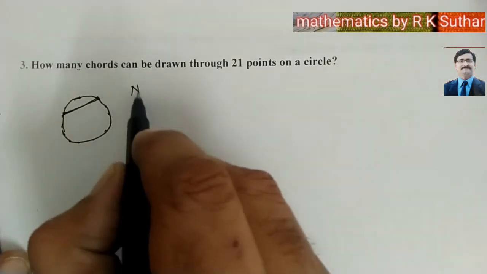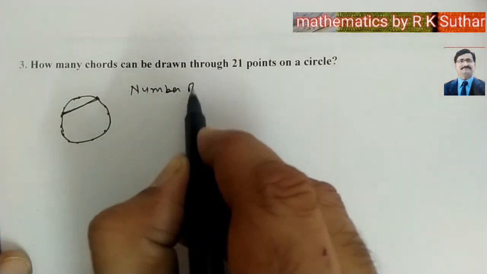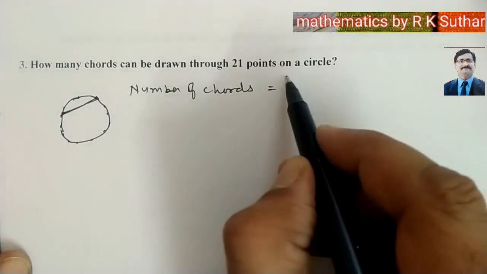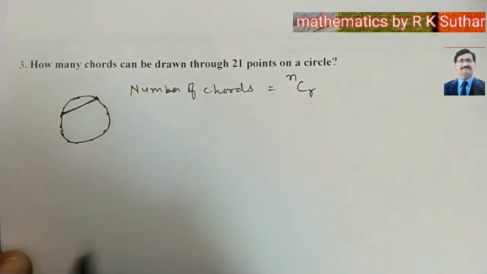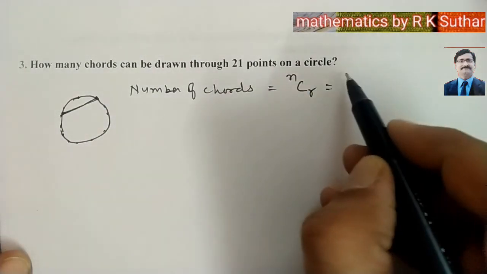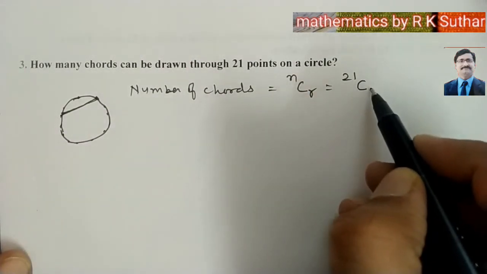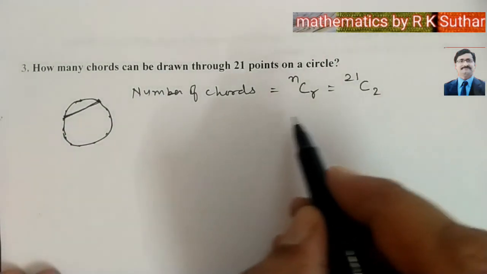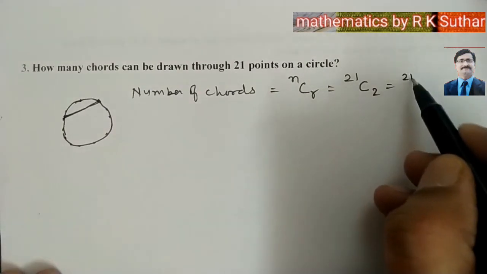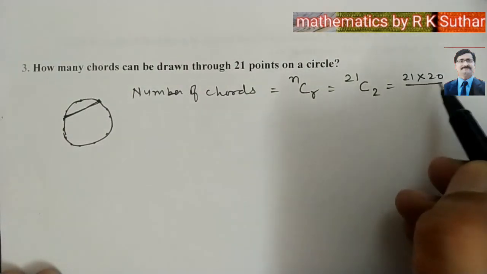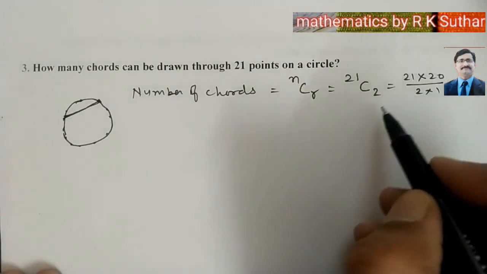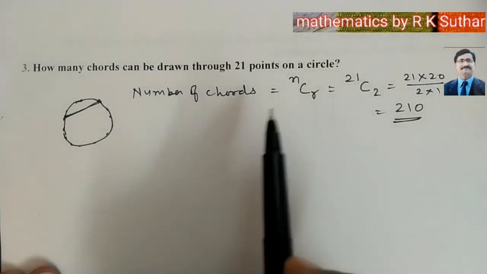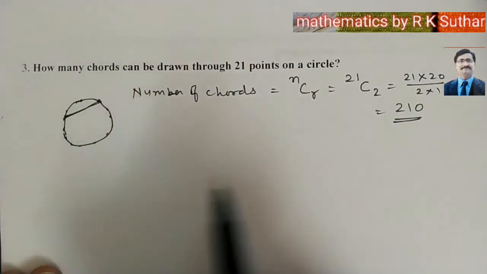So the number of chords equals: we have 21 given as n, and from that we select only r, so 21 are given and from that we have to select only 2 points. So we get 21C2. 21C2 means 21 into 20 upon 2 into 1. We can cancel, and we get 210. So 210 chords we can draw using these 21 points.